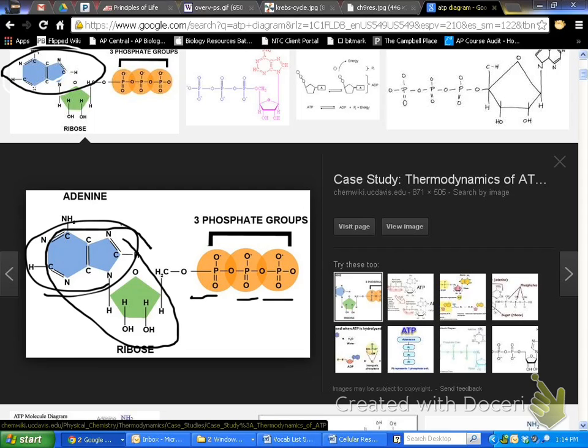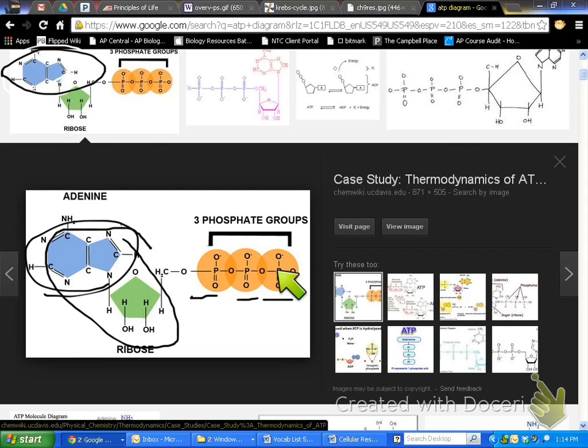Really, ATP is essentially like those little kid guns that shoot little plastic balls. They have little springs on them, and you pull the trigger and the spring comes back and shoots a little plastic ball out. That's basically what ATP is. Each of these phosphates is essentially one of those little plastic balls, and the bond right here is basically a spring.